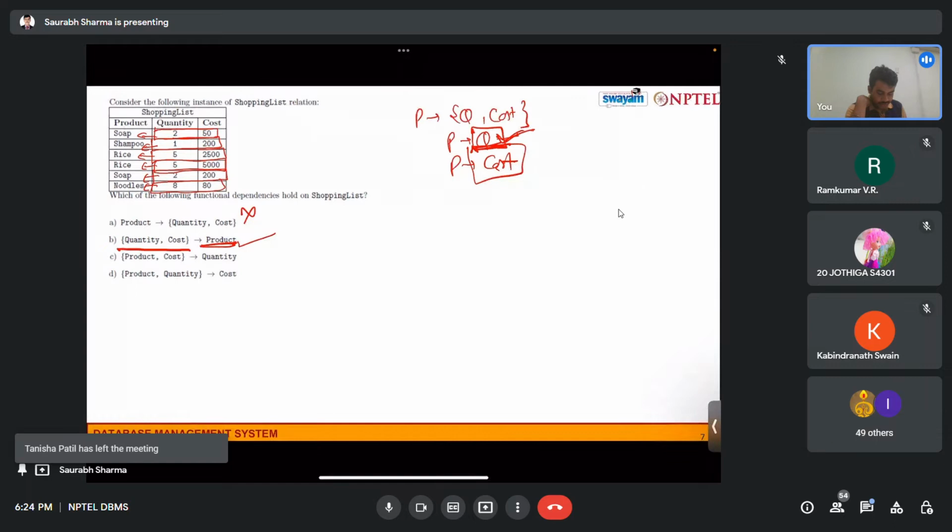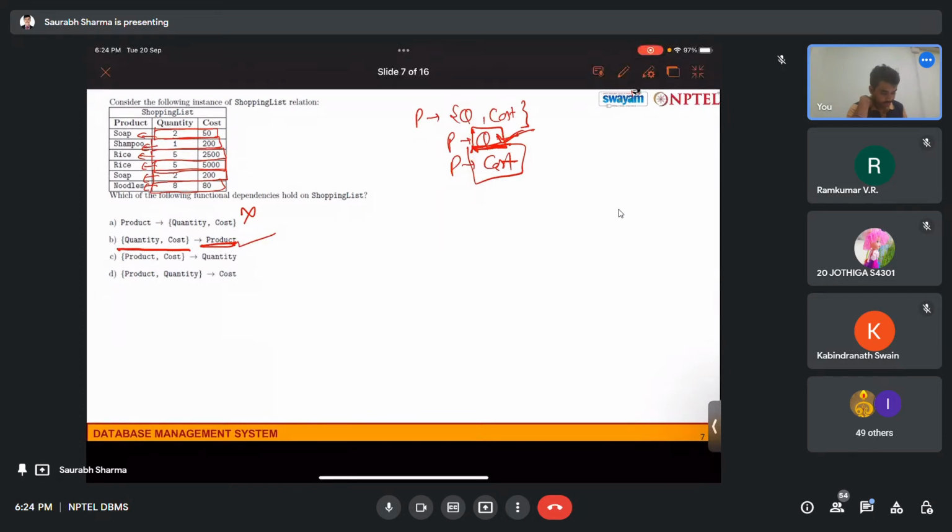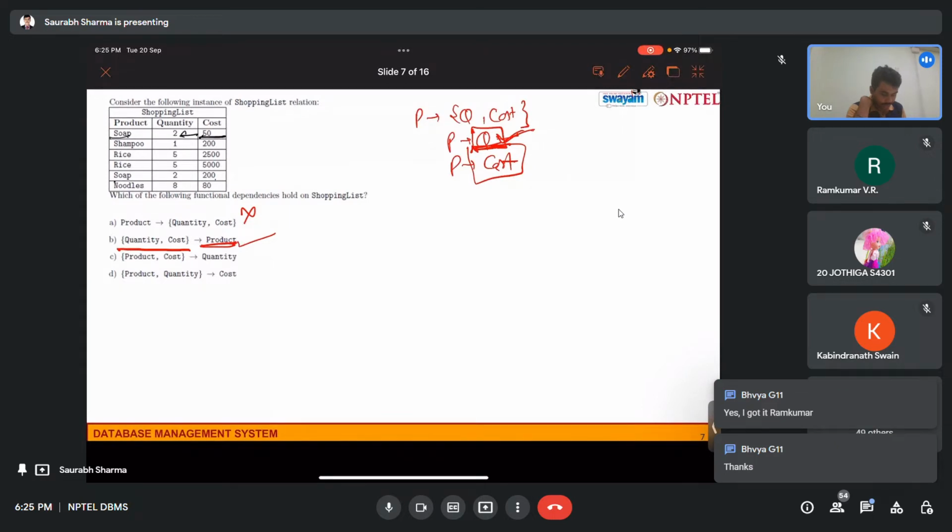Next, if we are considering product and cost, will we be able to get the quantity? Just check. So we have soap and 50. Is there any other one? There is soap, but there is 200. So there is only one entry for this. If there is shampoo and 200, is there any other entry?